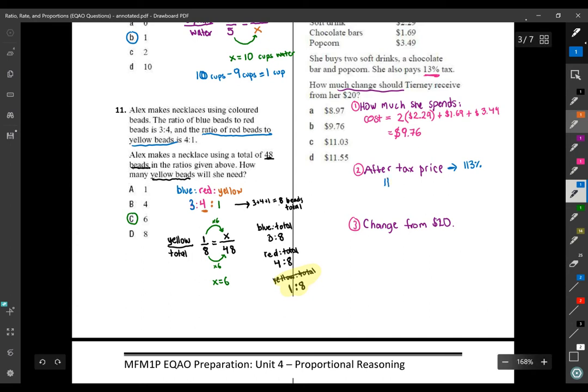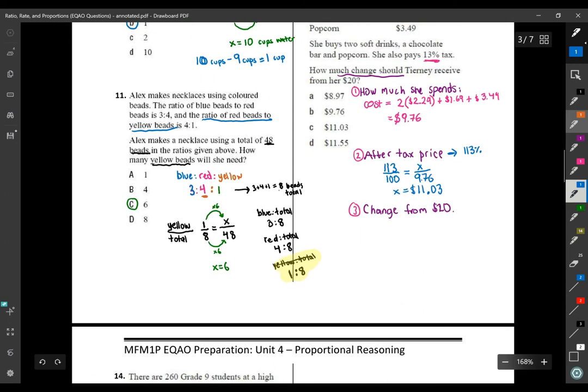Remember, percentage is just a ratio where the second number is 100, and I want to solve for x. I go ahead and solve for x, and I get an after-tax price of $11.03, after rounding.